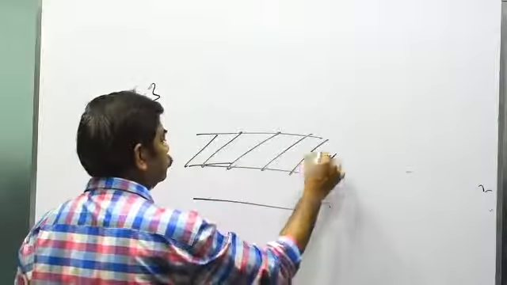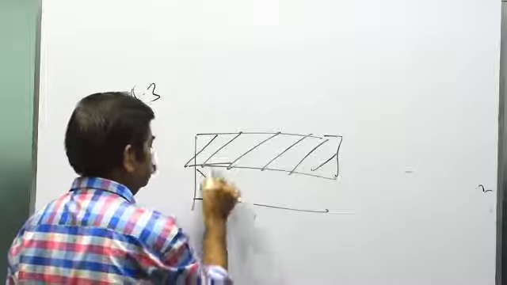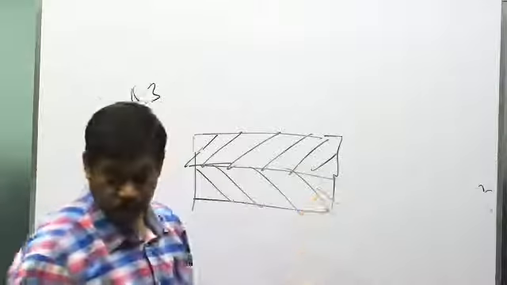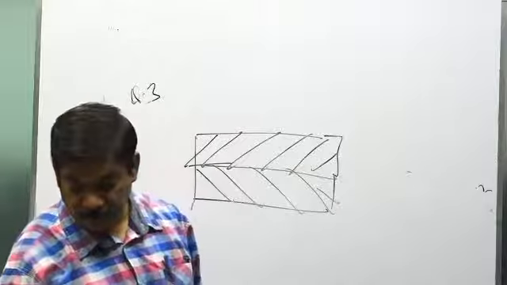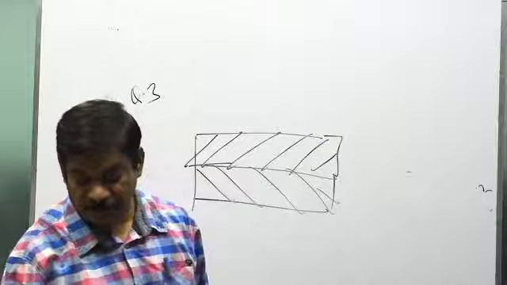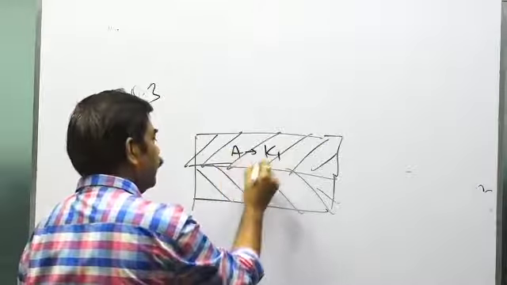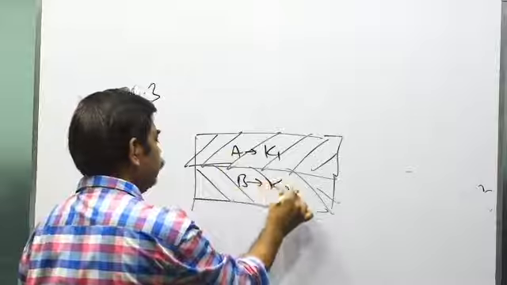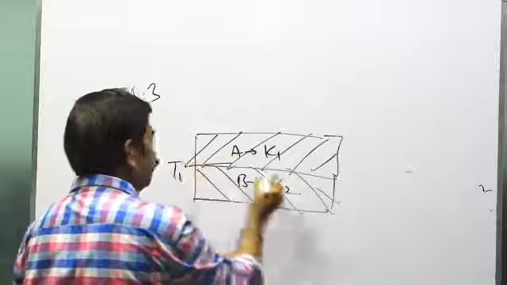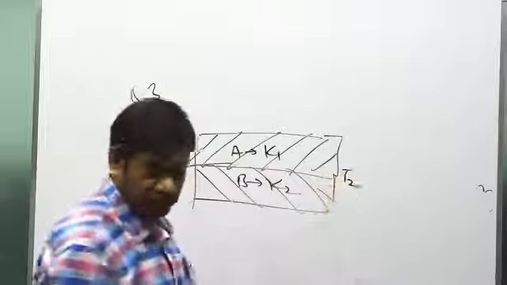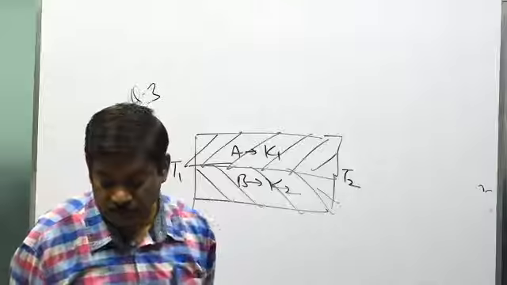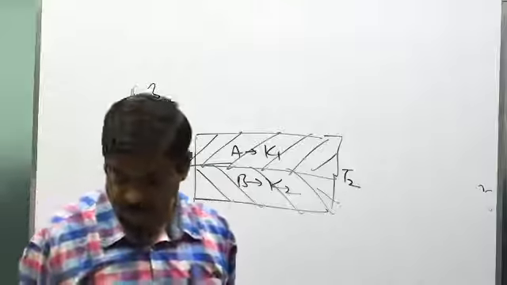The thermal conductivity of A is K1 and that of B is K2. Temperature at one end is T1 and the temperature at the other end is T2.